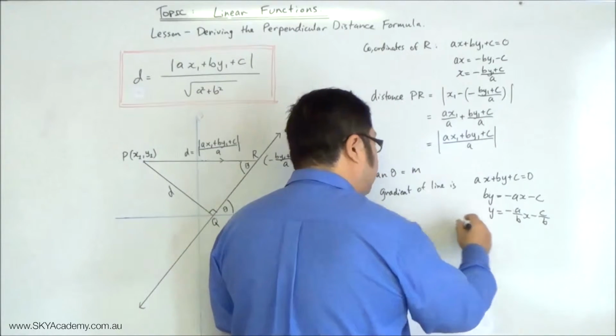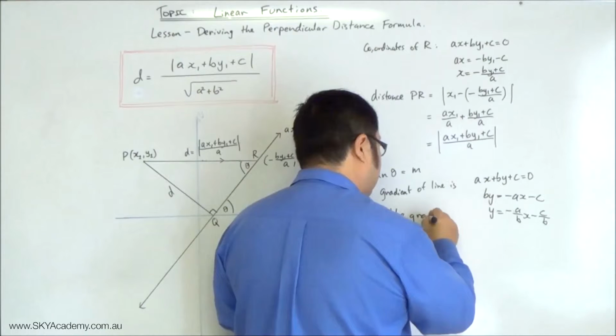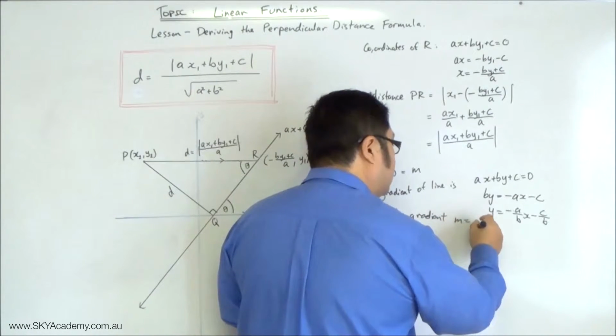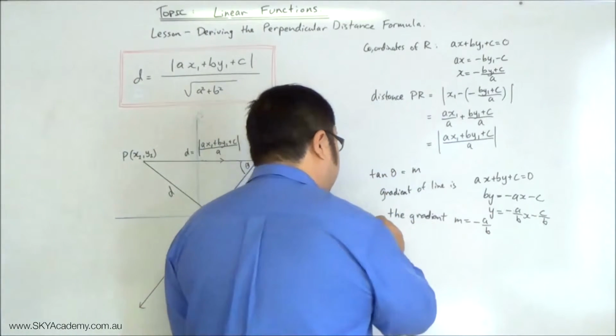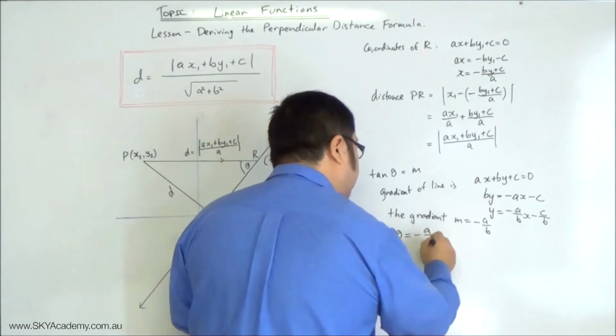Alright, so m is equal to minus a on b. So tan theta is equal to minus a on b.